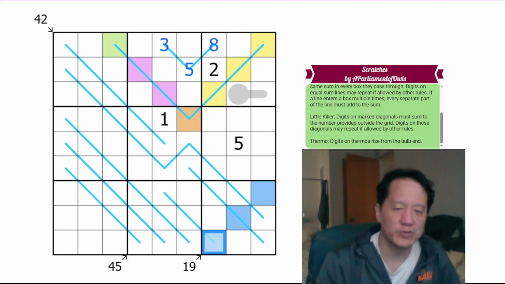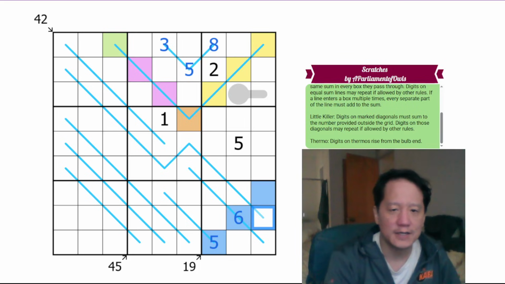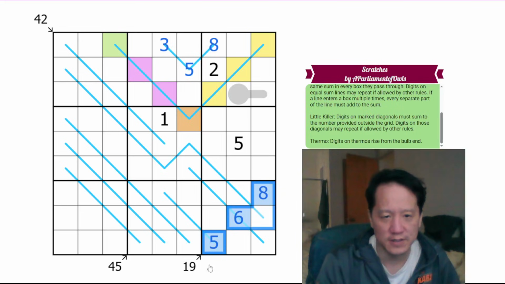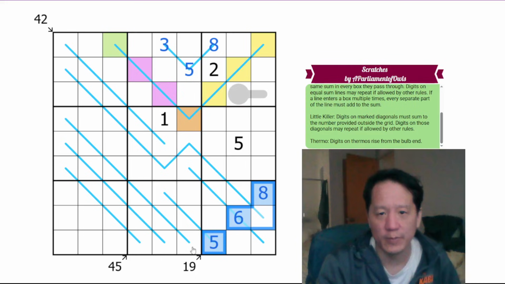So you could have something like 5, 6, and 8 here, and this would satisfy this little killer clue because 5, 6, and 8 add up to 19, the number outside of the grid where the arrow is coming from. That's an example of how little killer works.